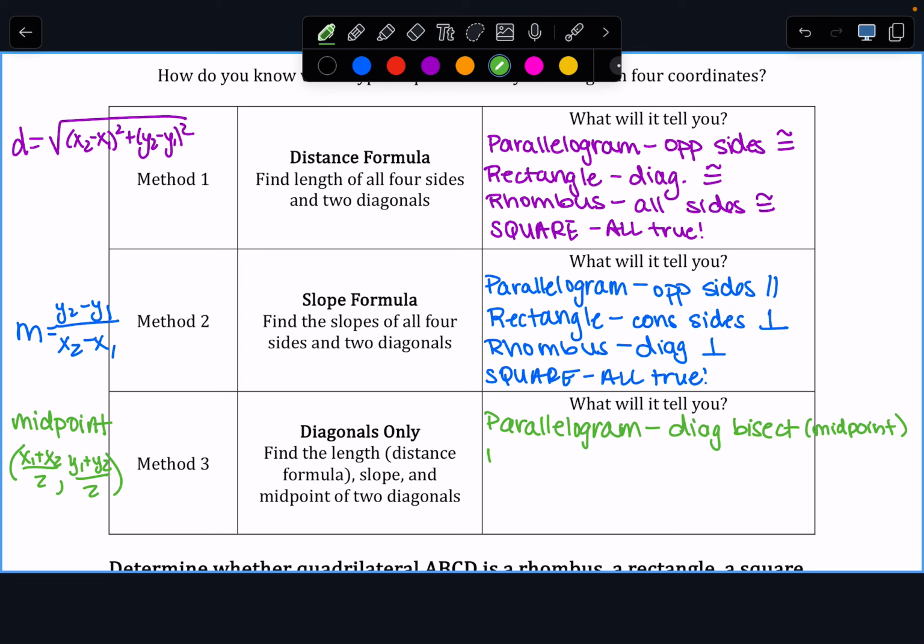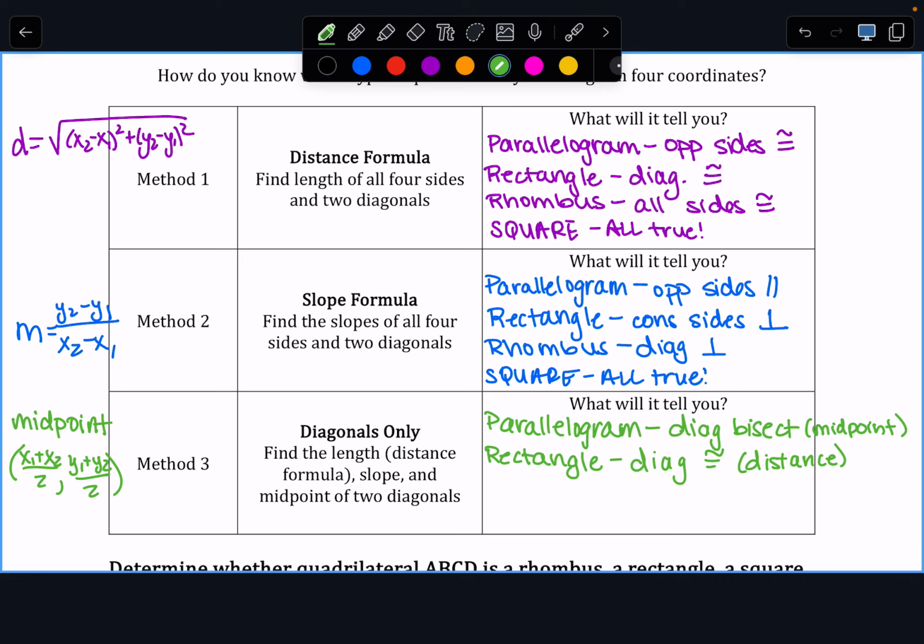If it's a rectangle, what is true about the diagonals? The diagonals are congruent, so you can use the distance formula on your diagonals. Okay, so the midpoint's going to tell you, yes, it's a parallelogram.